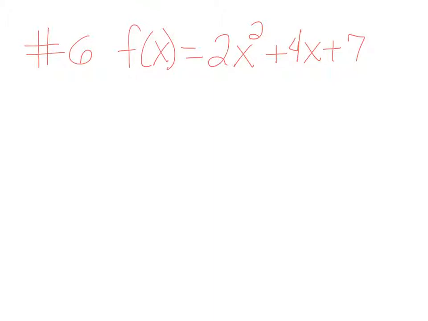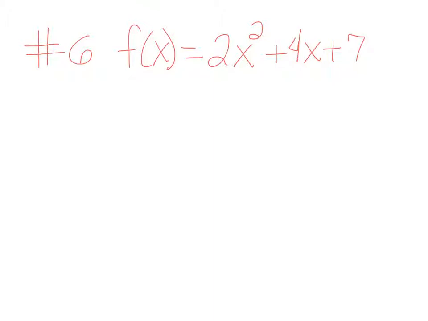For this, you need to go to the calculator. Go to y equals, and in the y equals you put the equation. Then when you graph it, you can press zoom 6 to get the standard window.